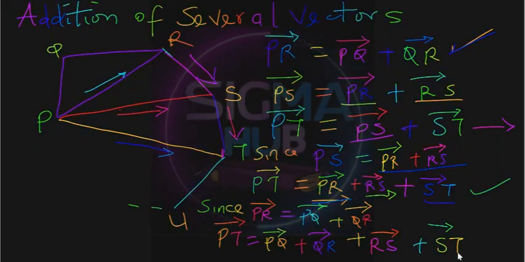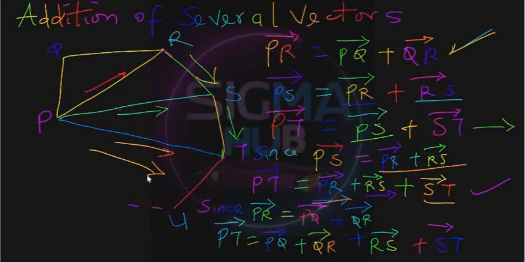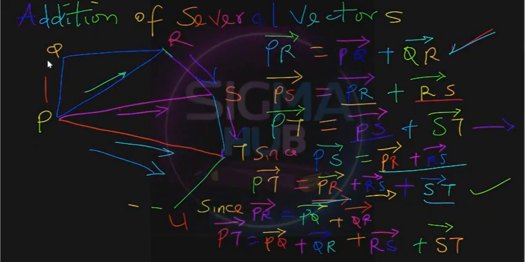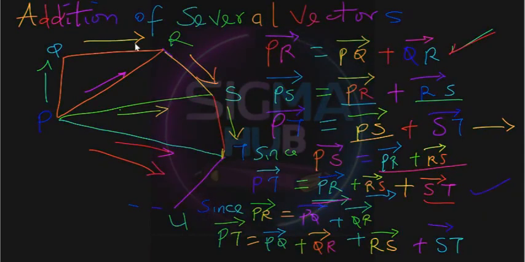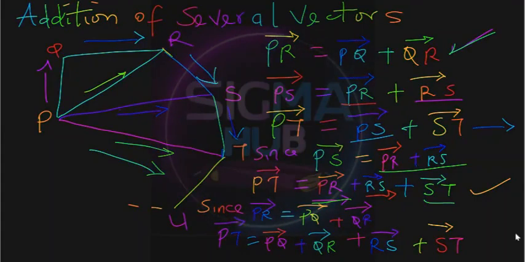So as you can see, moving from P to T in the diagram is the same thing as moving from P to Q first, then from Q to R, then from R to S, and from S to T, as we have here.